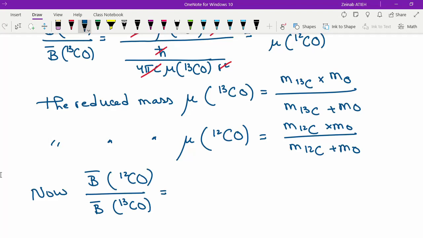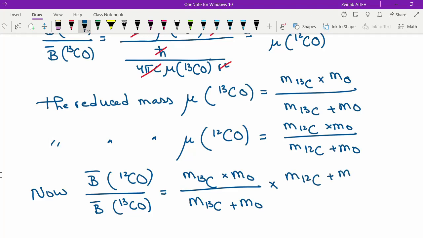So I will write the mass of C13 multiplied by the mass of O divided by the mass of C13 plus the mass of O, and multiplied, I will invert the second one, so it's the mass of C12 plus the mass of O over the mass of C12 times the mass of O. This is just mathematics, you can do it as you like.